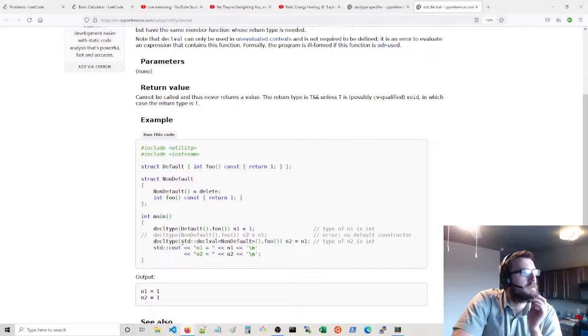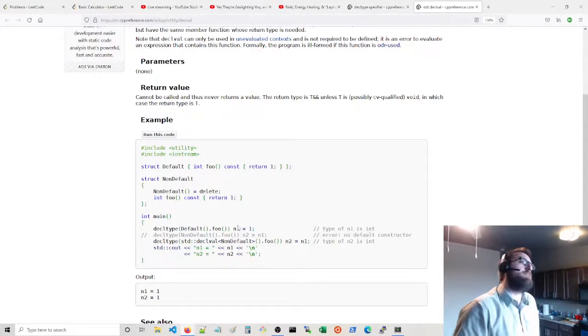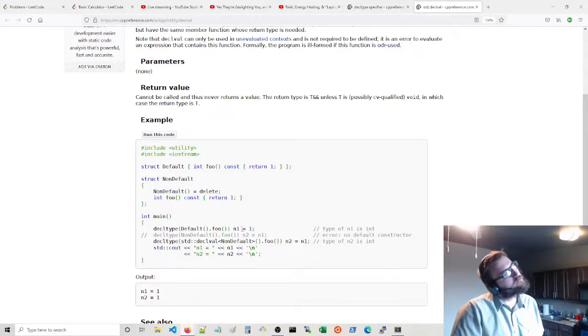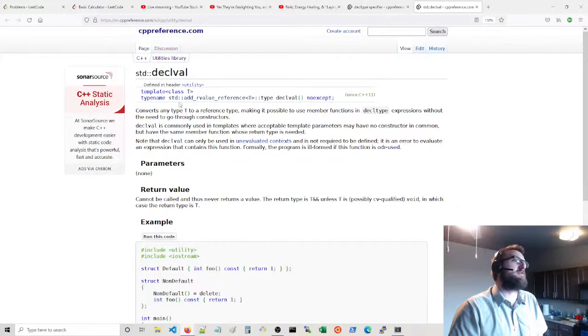Decltype, std::declval, non-default foo. It's a class. So involved. It's a template with a typename, add rvalue reference type, declval, noexcept.